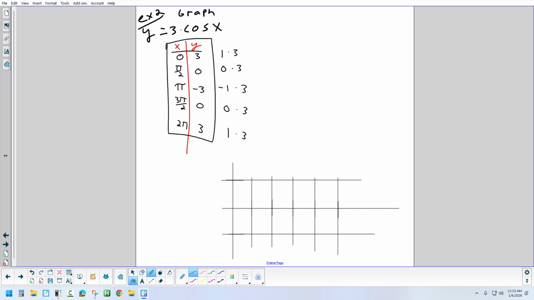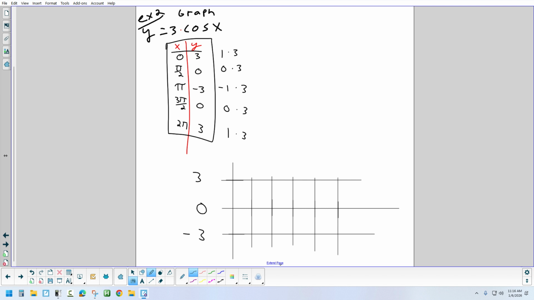Now, a lot of my sketches are going to look the same today because when I change the height of something, if I made it like 20 times cosine x, I don't want to have to draw something 20 times as tall. So what I'm going to do is scale my y-axis. Because I'm going to scale it and go by 3s, every graph I do today is going to look the same. Because I'm changing my scale, I'm not changing the size of the sketch.